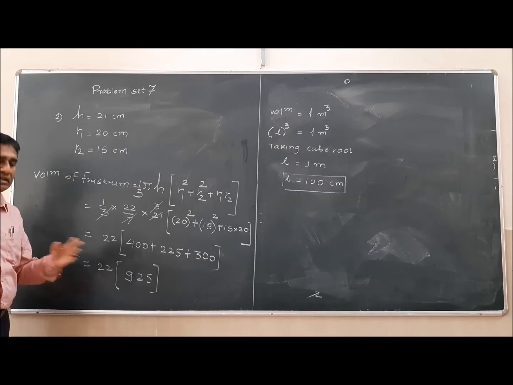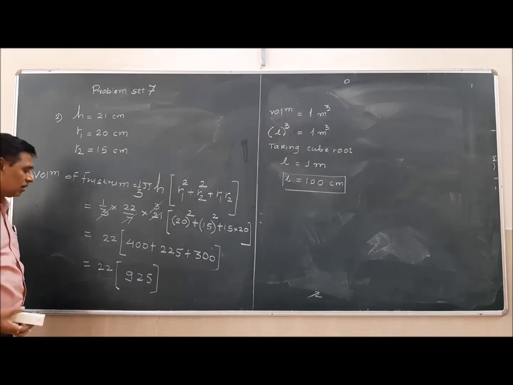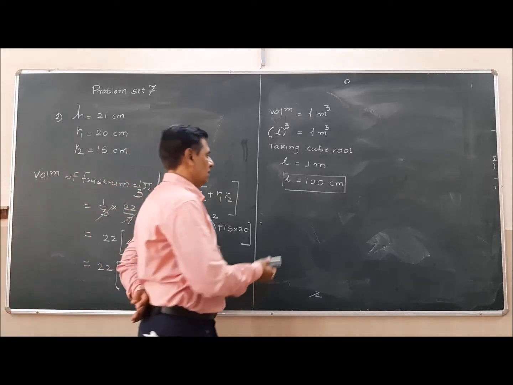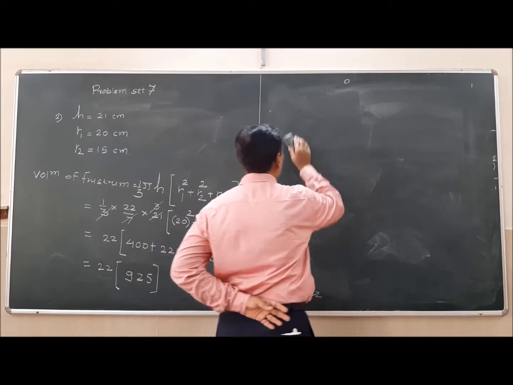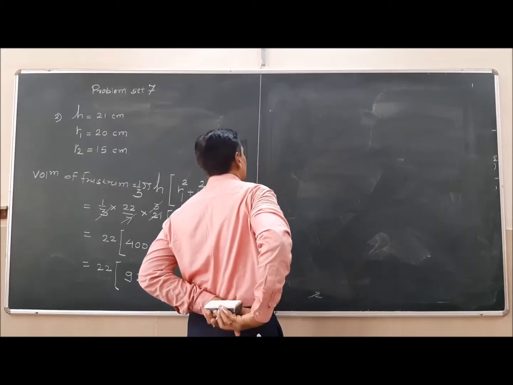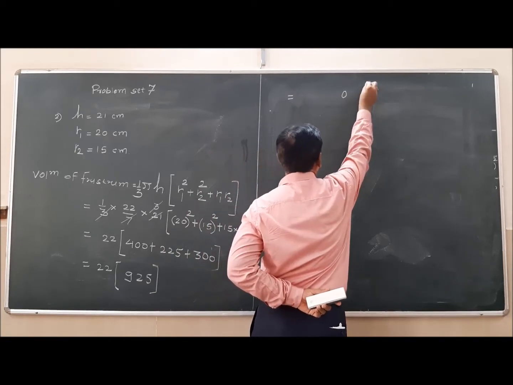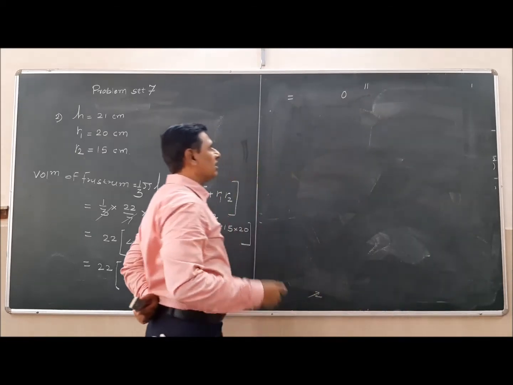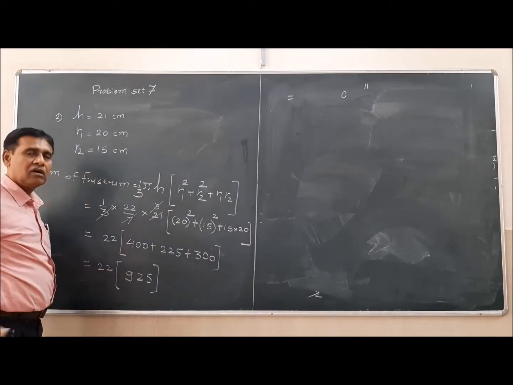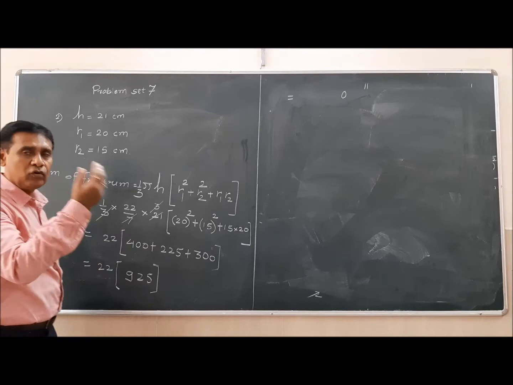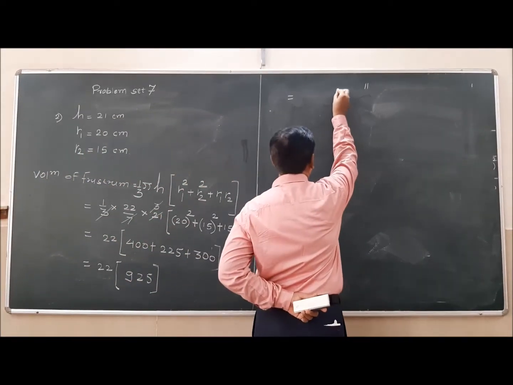Now we are going to multiply 925 by 22. Now 22 5s are 110. So you will find 22 5s are 110. So I will write 0, natural 11 will carry. Now 22 2s are 44. 44 plus 11 will give you 55.